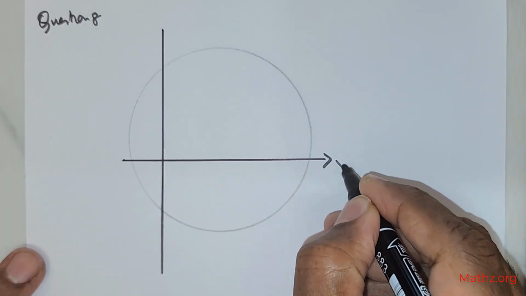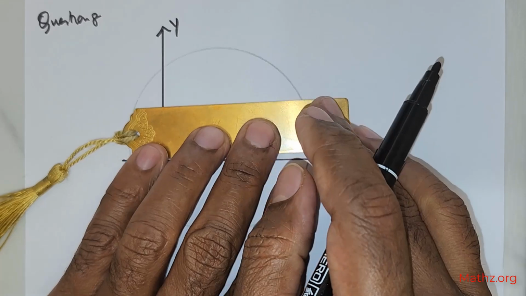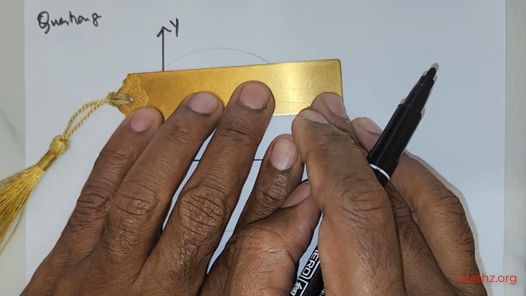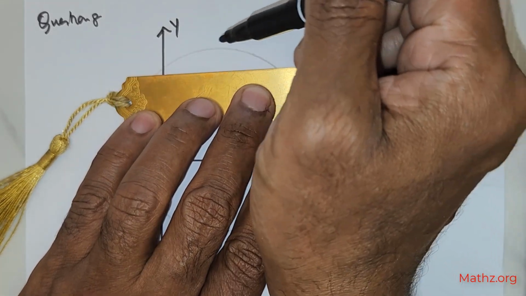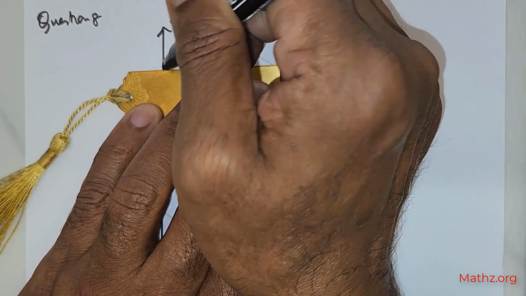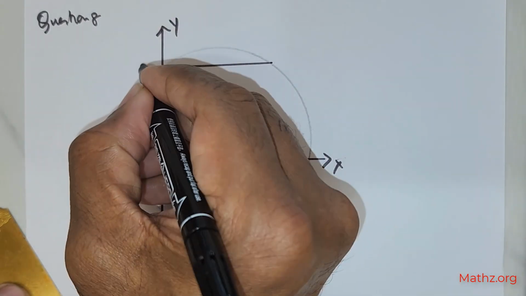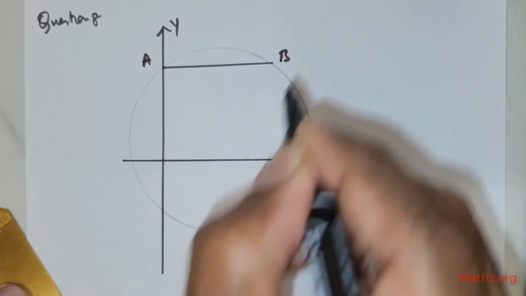So we've got the x-axis and the y-axis, and then over here you have a line. So this is the line AB.